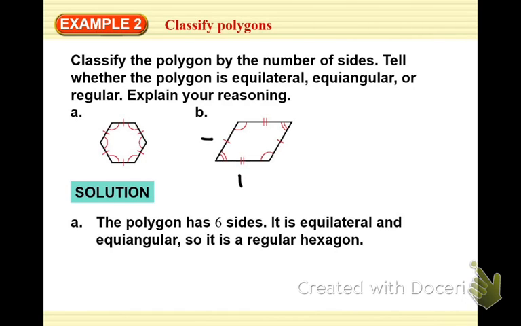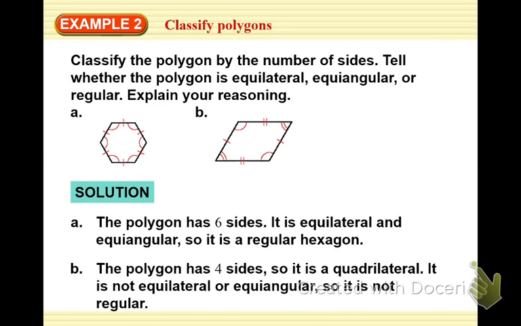So not all the sides are congruent to each other. And if you look here and here, those angles do not have the same number of arcs in them. So all the angles are not congruent to each other. So this is not equilateral or equiangular. It's neither, so we just call it a quadrilateral.